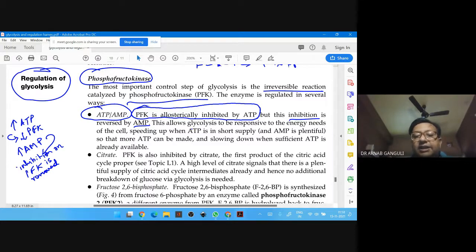So this allows glycolysis to be responsive to the energy needs of the cell, speeding glycolysis up when ATP is in short supply and AMP is plentiful. So when the cell requires energy, it gives energy. Clear about this step?